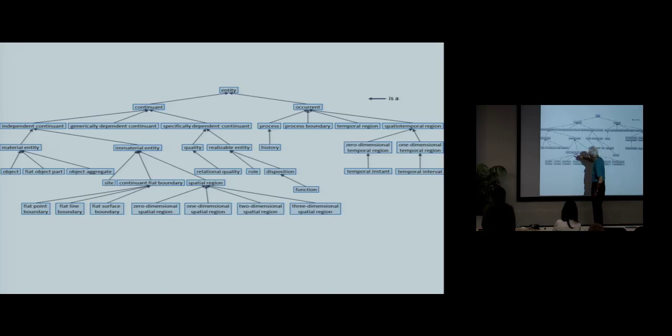And we used to call these things zero-dimensional continuant fiat boundaries, which would be the North Pole. One-dimensional continuant fiat boundaries, which would be the equator. Two-dimensional continuant fiat boundaries, which would be the plane separating the no smoking from the smoking zone of this restaurant.